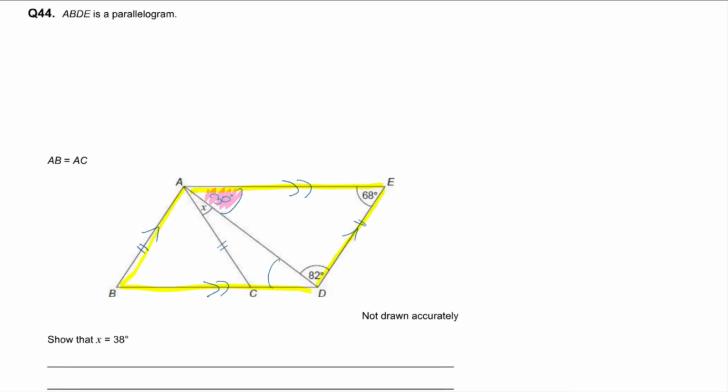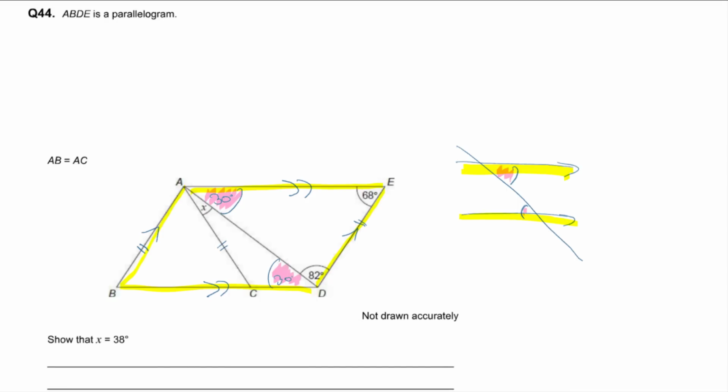This is going to have to be 30 as well, because they're alternate angles in a pair of parallel lines. If you've got a pair of parallel lines, which I do, like the top line of my parallelogram and this one, and then I've got the line AD crossing them, then that one and that one are alternate angles. They're my 30 and 30 I've got on my diagram.